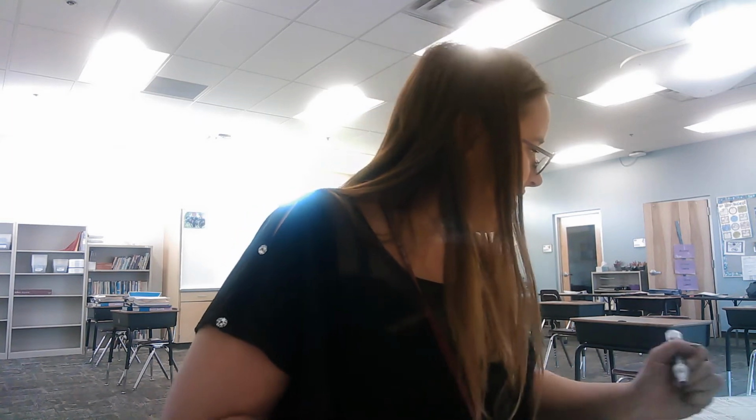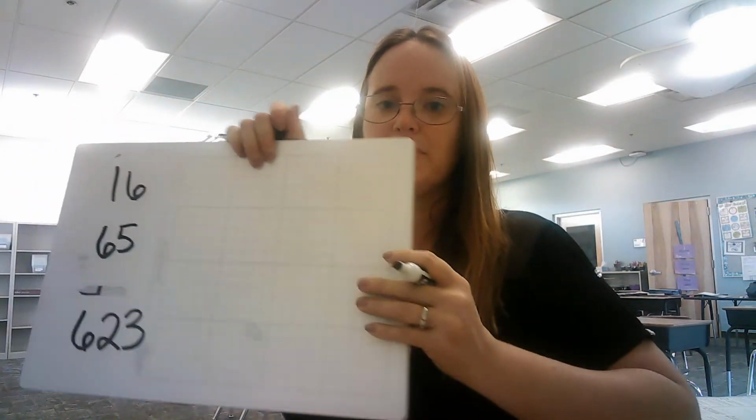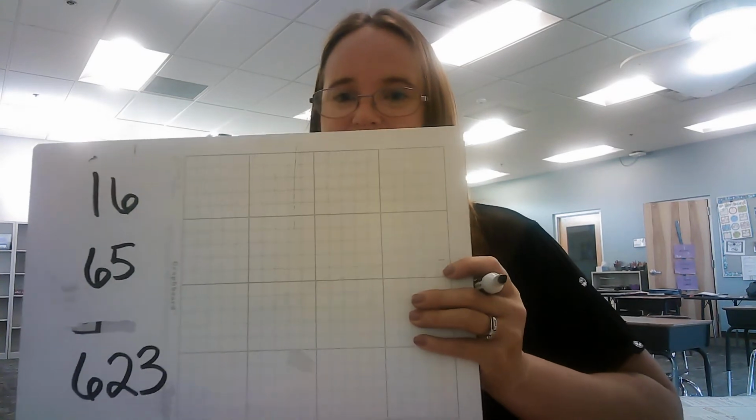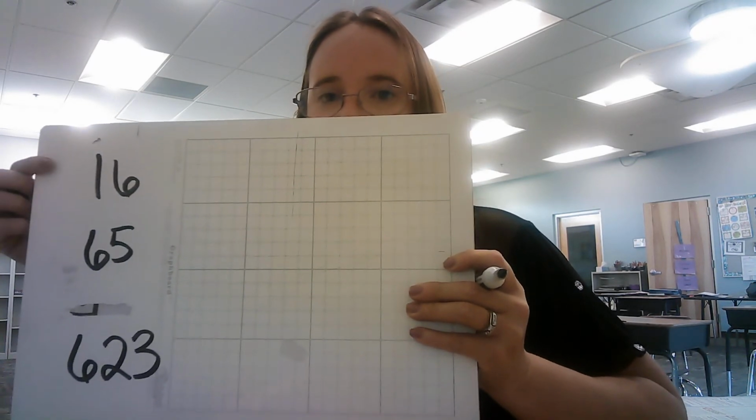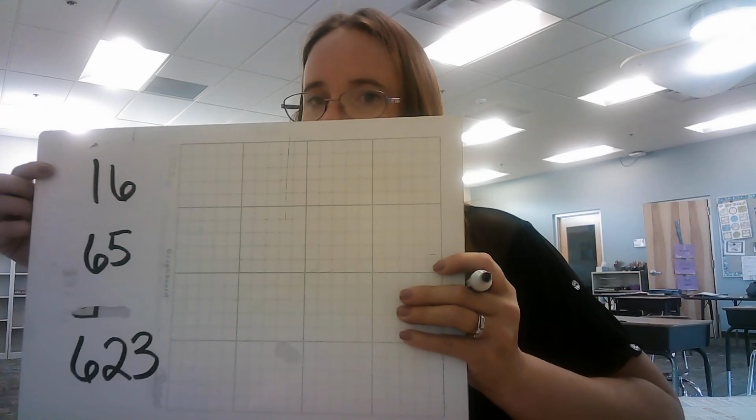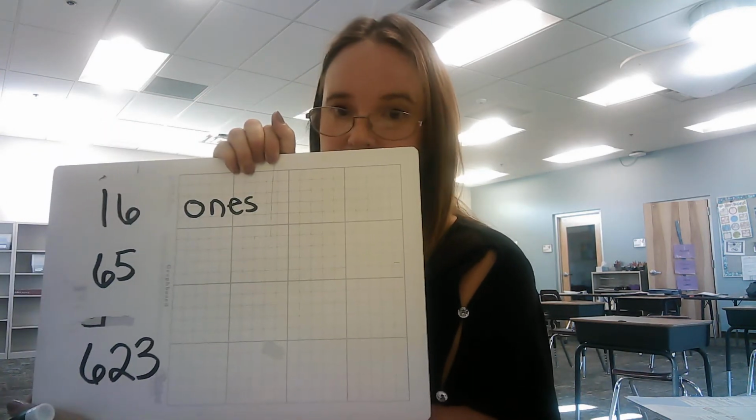The digit 6 is in which place in the following numbers? So we have the number 16, we have the number 65, and we have the number 623. And they want to know which place value the 6 is in. So look at your 16. What place value? 6 is in the ones place. So we write it out with words, ones.